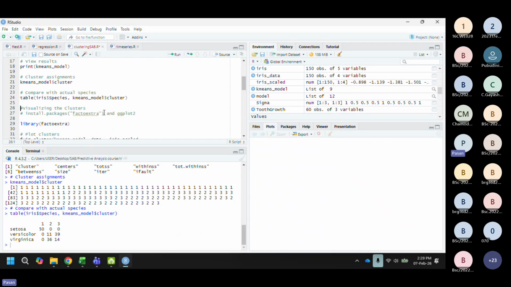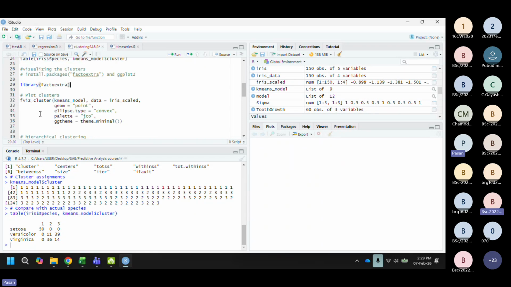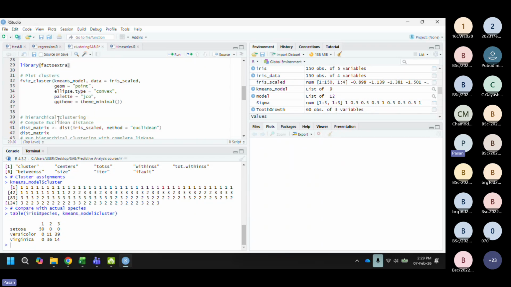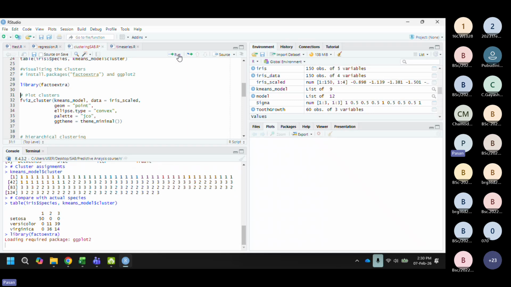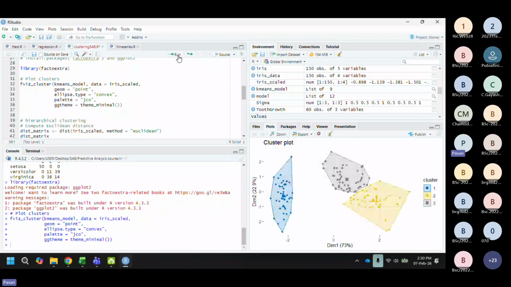Okay. And this library factoextra is the additional package that we have to install, and that will give us some plotting of our data. We'll just run that one and see. It's going to give us some plotting of the data.